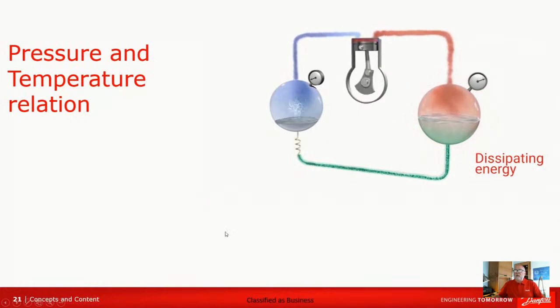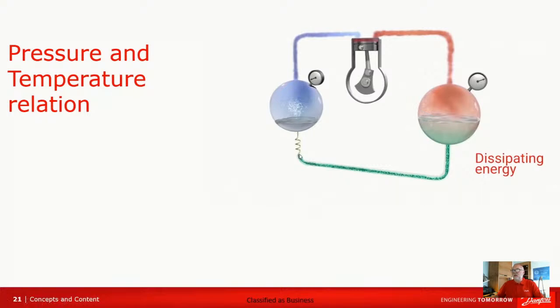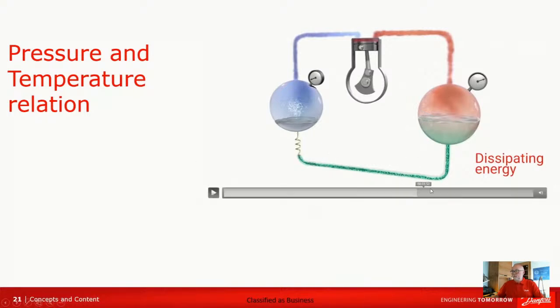See, if we have this very, very simple circuit, you would have your receiver sitting somewhere in between the condenser and the evaporator. And it would be sitting in front or before the metering device or the expansion device. So it would sit somewhere here or there.